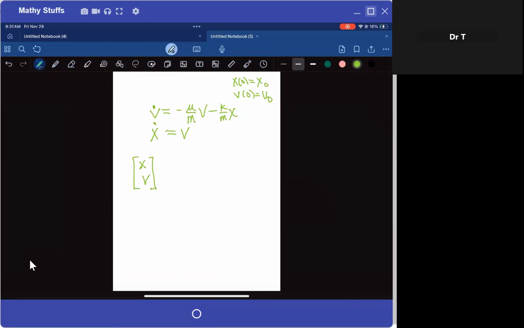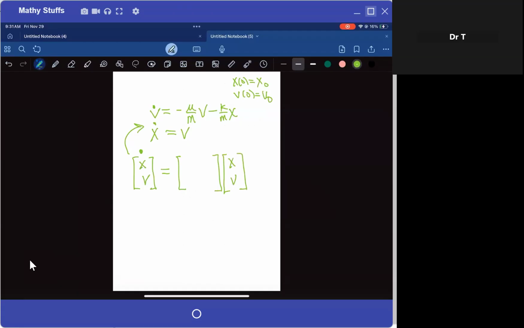To say that I want the derivative of that vector, this is just the left-hand side over here. That dot above the vector means apply the dot to x, apply the dot to v. And on the right side, I'm going to have a constant coefficient matrix times x, v.